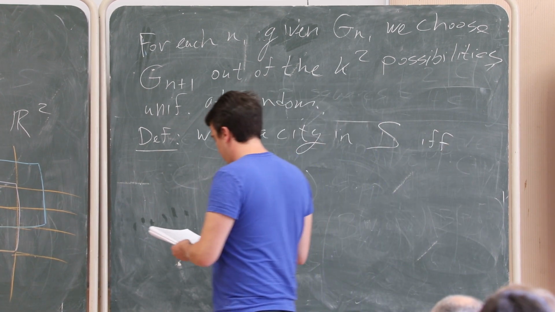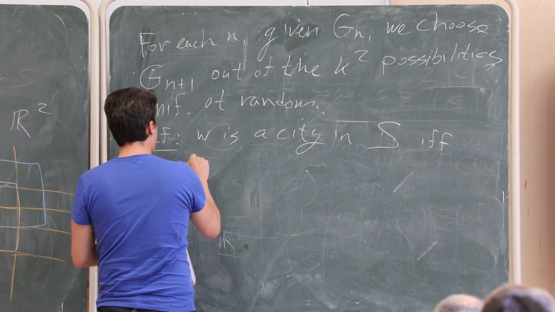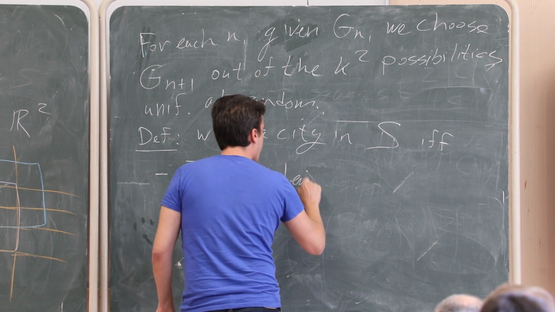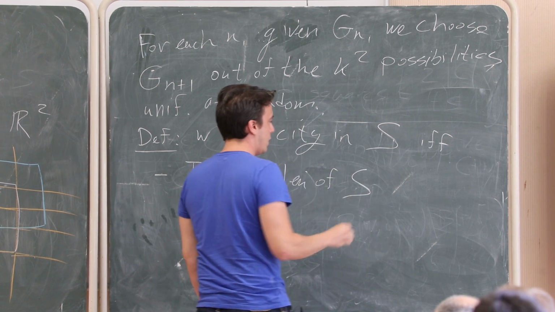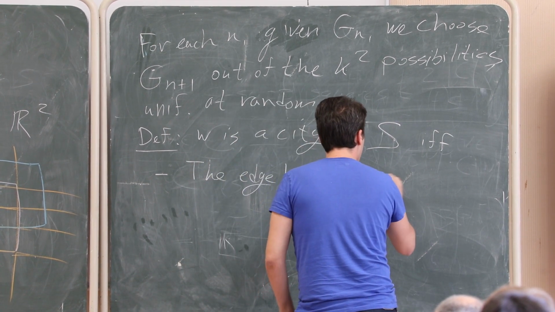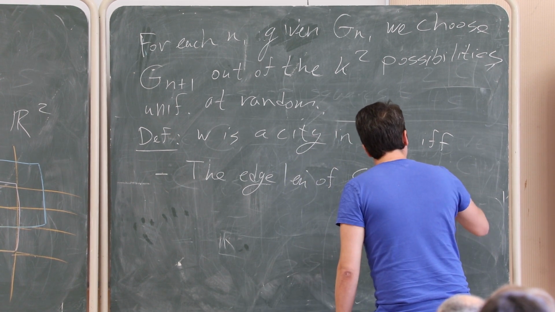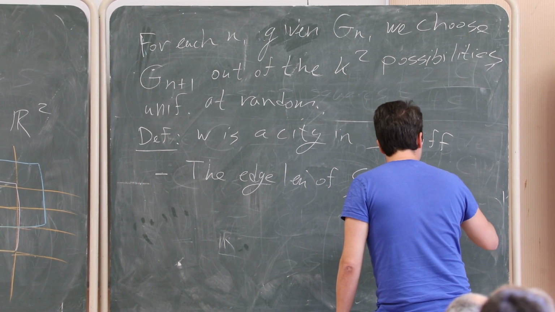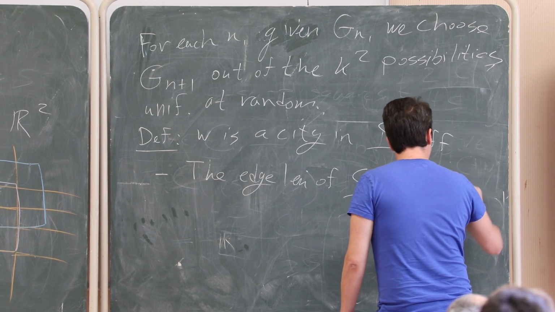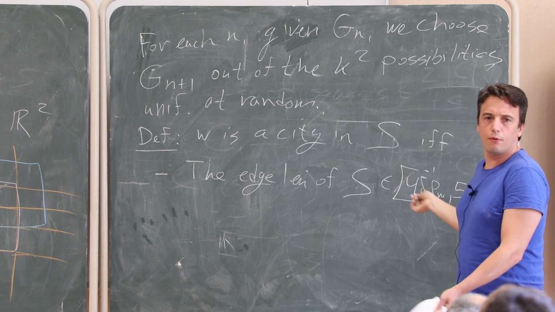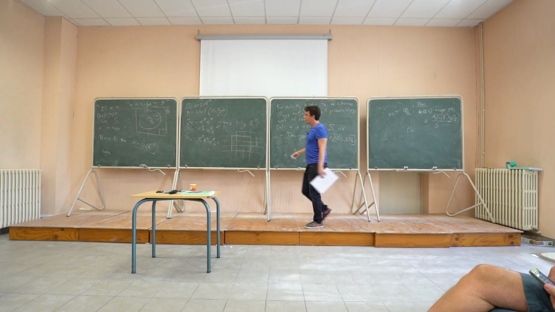two things have to hold. One is that the edge length of S is in the set between 4 delta to the minus 1 row W and 5 delta to the minus 1 row W. The constants 4 and 5 were just chosen so that things will work.